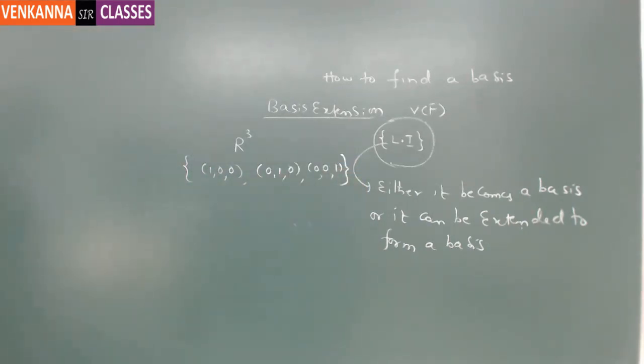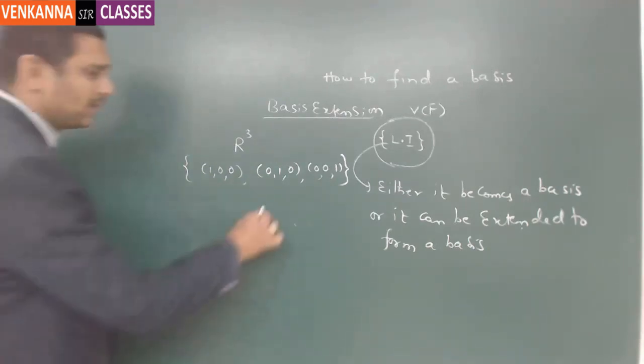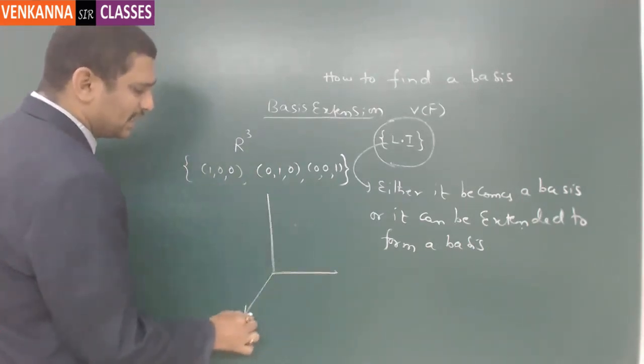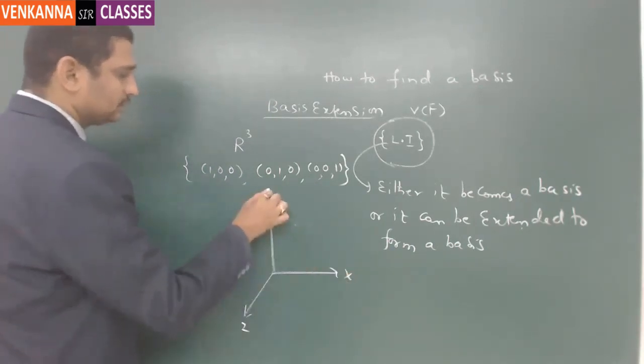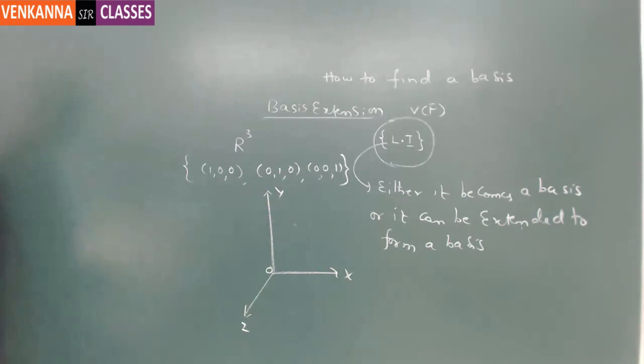Apart from this, you will get different bases for R cube. If you visualize this geometrically, it is nothing but the x-axis, y-axis and z-axis. Because whatever 3D vector you consider is a combination of the first vector 1 0 0 along the x-axis, the second vector 0 1 0 along the y-axis and the third vector 0 0 1 along the z-axis. So every 3D point can be represented in terms of the x, y, z axes. So that is the standard basis for R cube.